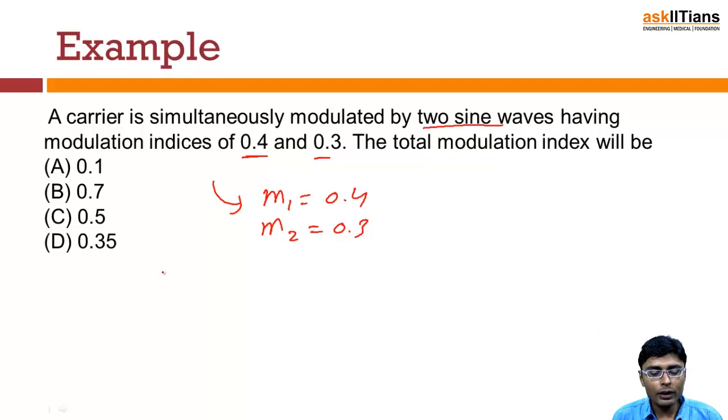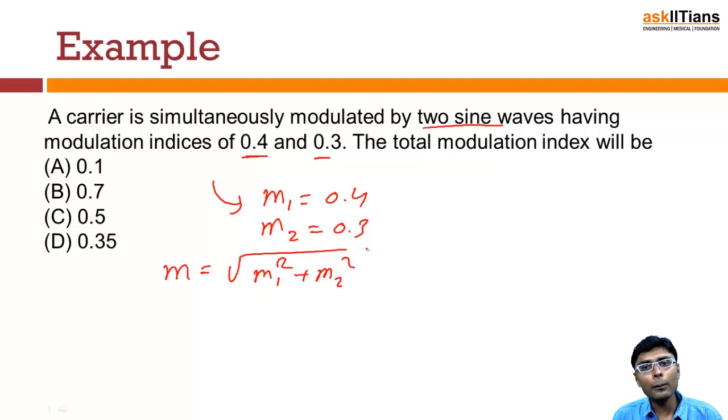The final modulation index will be equal to the square root of M1 square plus M2 square. This is the relation we can use. Even if we have n number of sine waves, we can add them all in a similar way. Right now we have only two sine waves, so we write M1 square plus M2 square.